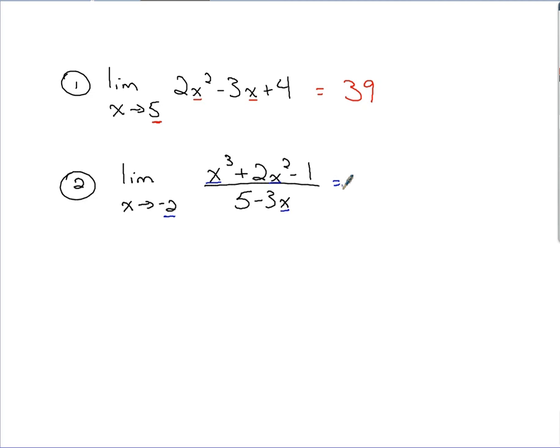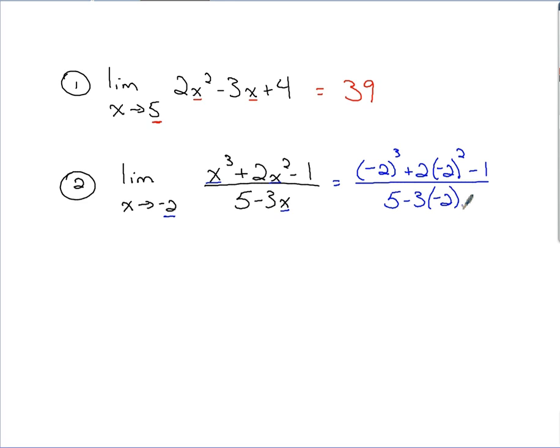Go ahead and write out a few more steps here since we got more x's to play with. We'll have negative 2 that we're cubing, plus 2 times negative 2 squared. We're going to subtract 1, and that's all going to be over 5 minus 3 times negative 2.